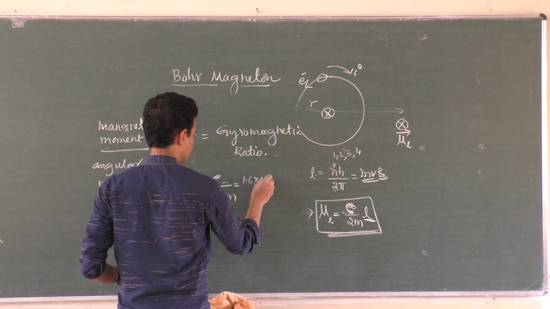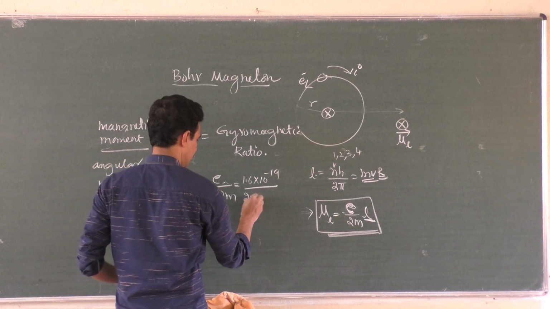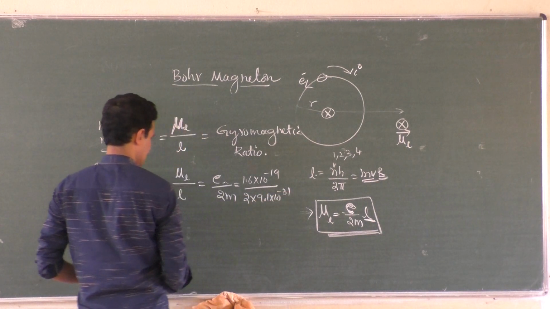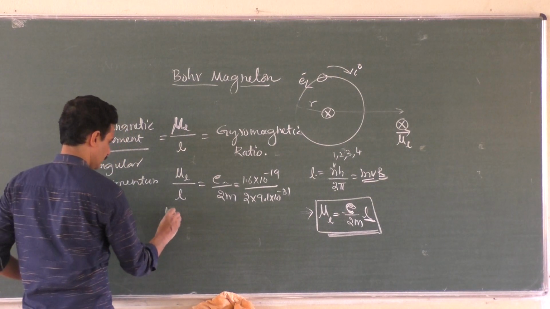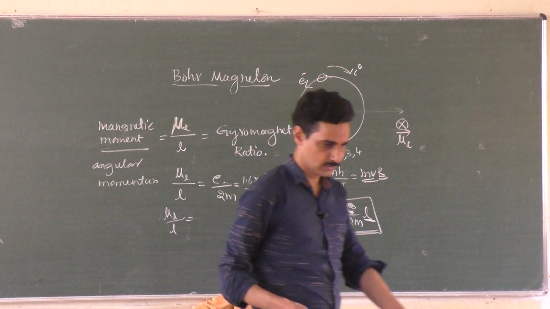1.6 into 10 to the power minus 19 coulomb, divided by 2 into 9.1 into 10 to the power minus 31 kg. So what is that gyromagnetic ratio? Mu L by L, that is equal to the gyromagnetic ratio value.